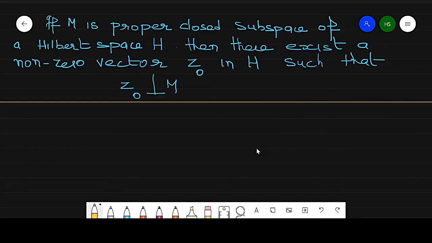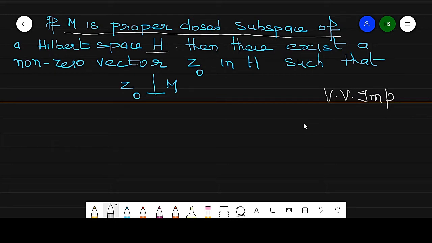Now the next result is: if M is a proper closed subspace of a Hilbert space H, then there exists a non-zero vector Z0 in H such that Z0 is perpendicular to M. This is a very important result.